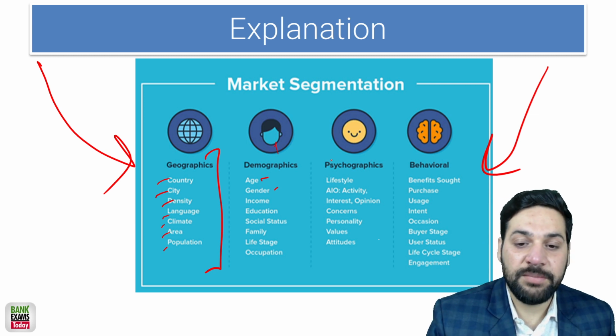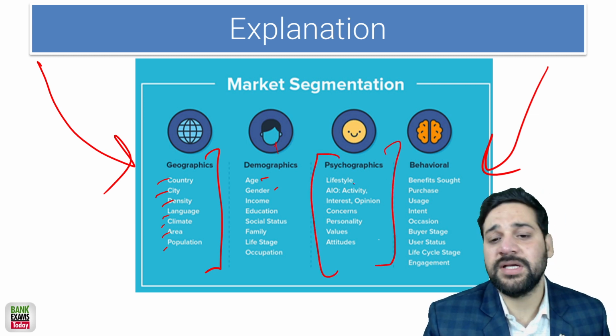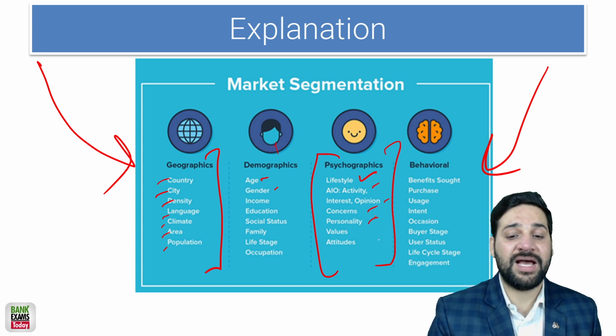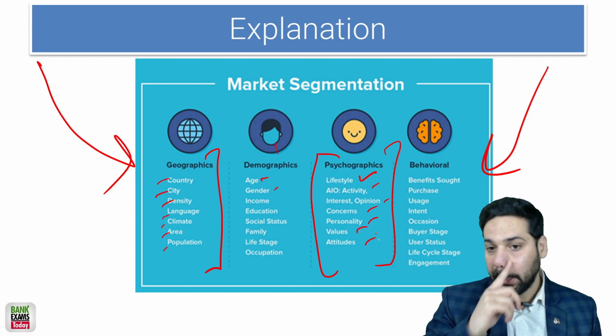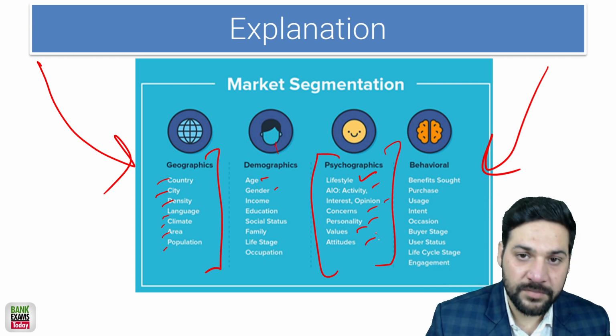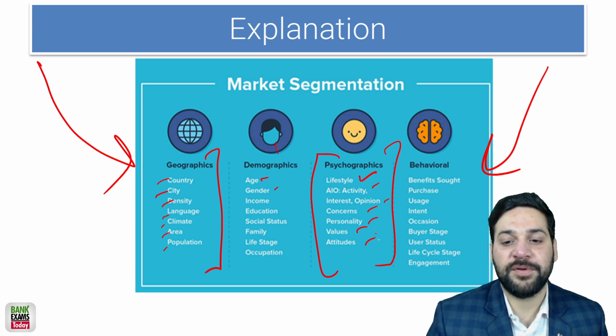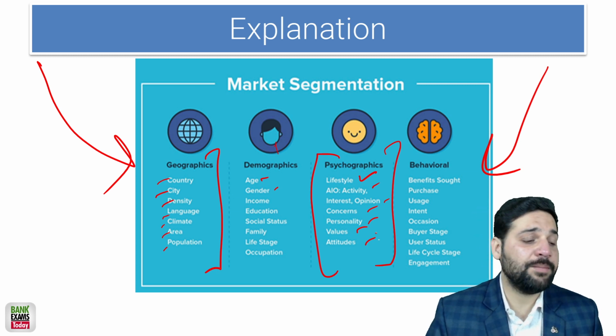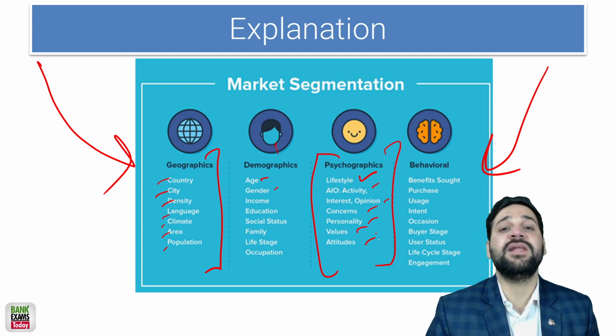And psychographic and behavioral. Psychographics, it is lifestyle, interest, opinions, activities, concerns, personality, values, attitudes, right? These are his psychographics. What sort of lifestyle that person has, if somebody's lifestyle is a healthy lifestyle.